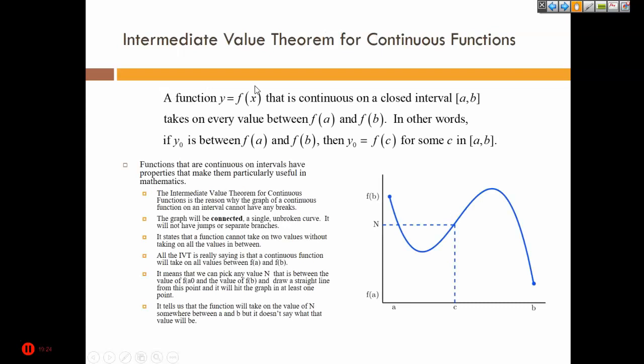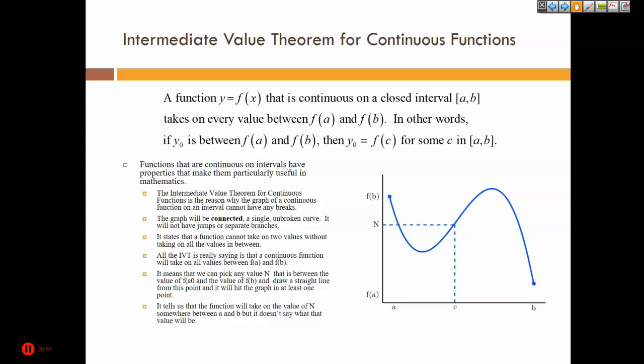The intermediate value theorem. This is one of 3 important theorems from chapters 1 and 2. The intermediate value theorem says that if a function is continuous on a closed interval, you are guaranteed every value in the range from f of a to f of b.